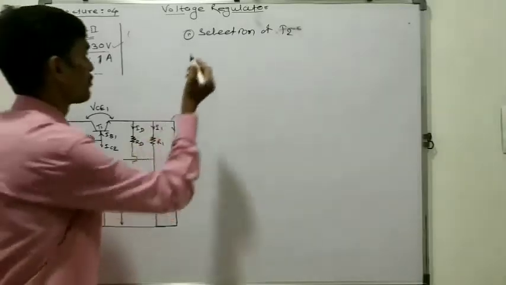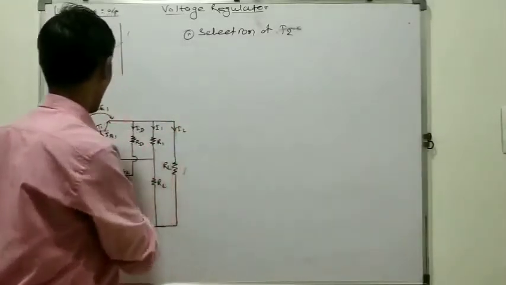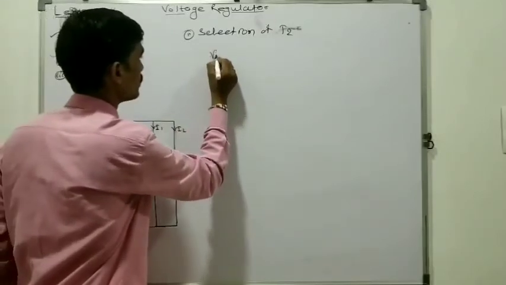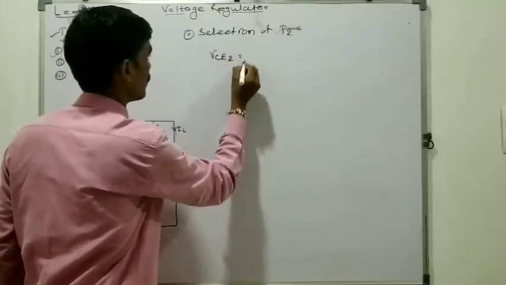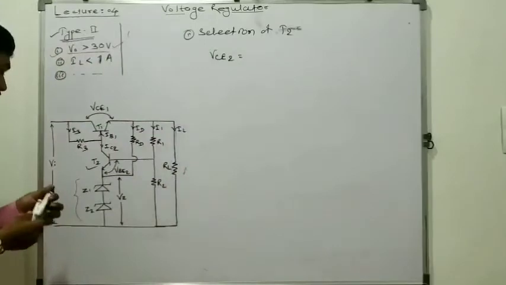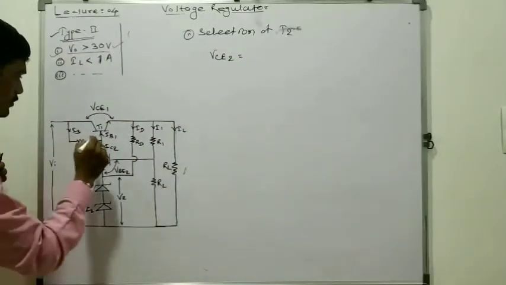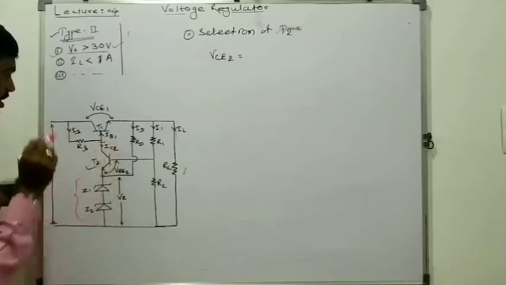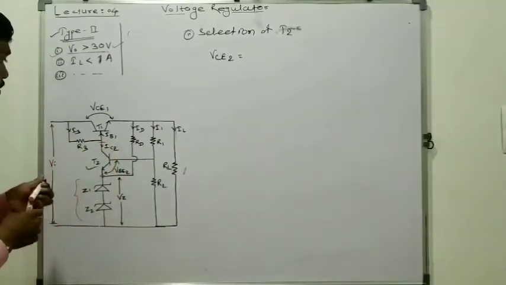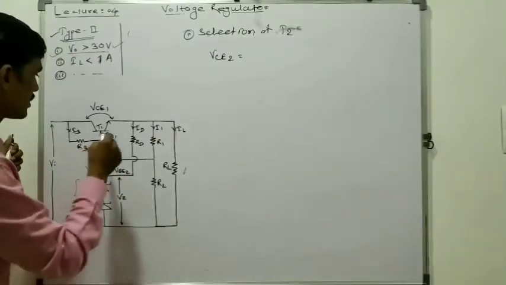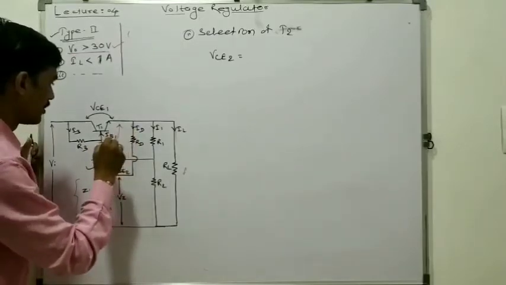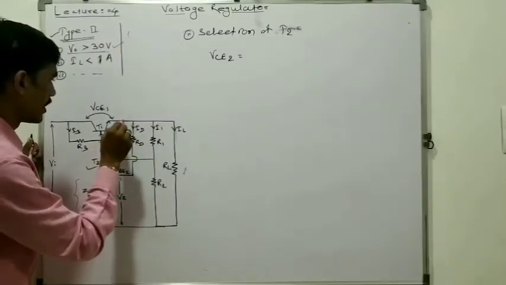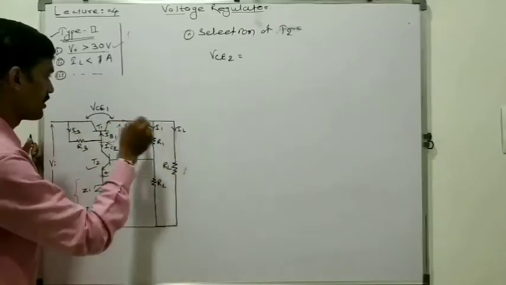First thing is voltage, that is VCE2. VCE2 can be calculated by subtracting these two voltages, that is VC minus VE. So what is VC? VC is the addition of VBE1 plus the voltage available at this point, which is the load voltage.